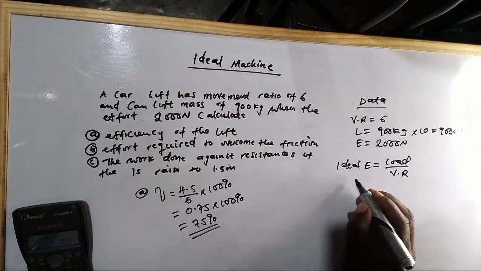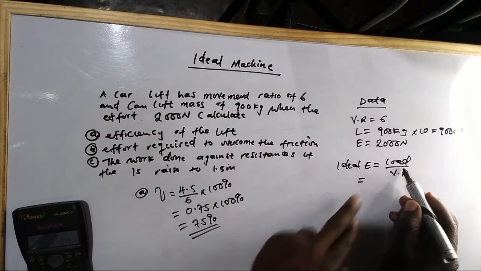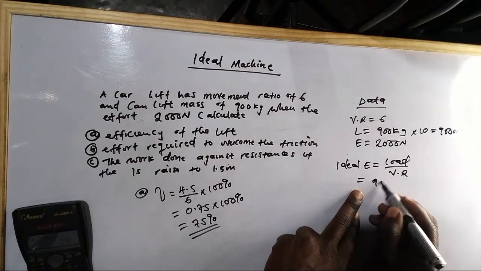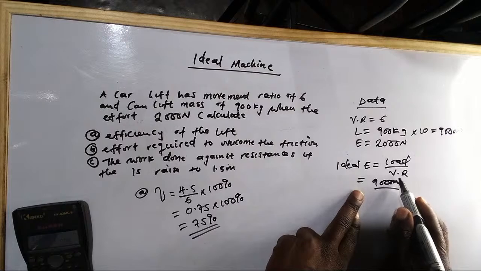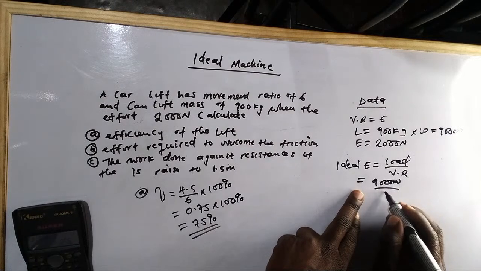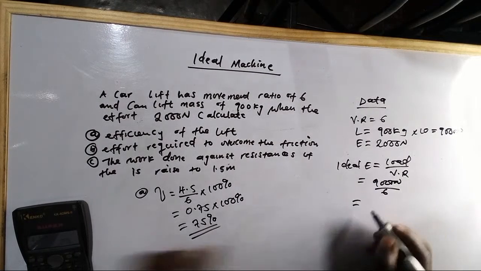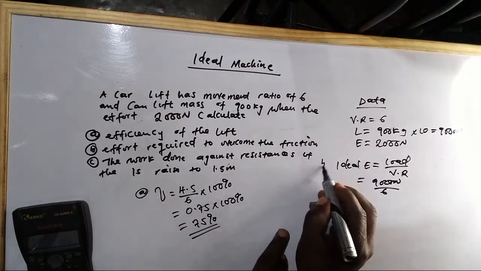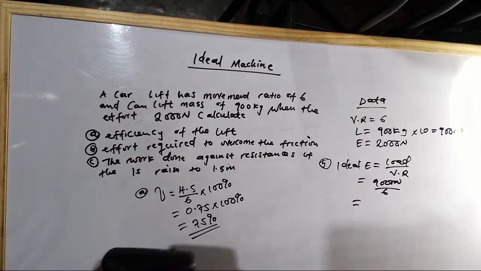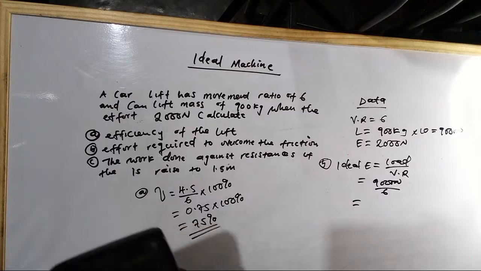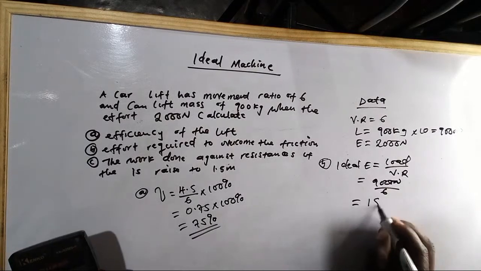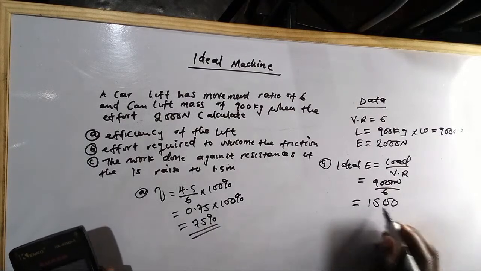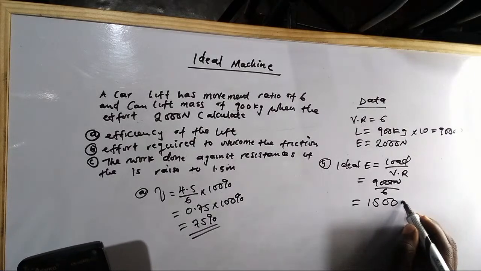In which for load, we have 9,000 Newton. For velocity ratio, we have 6. So now we are finding B here. So we are going to say 9,000 divided by 6, in which you are going to have 1,500 Newton.